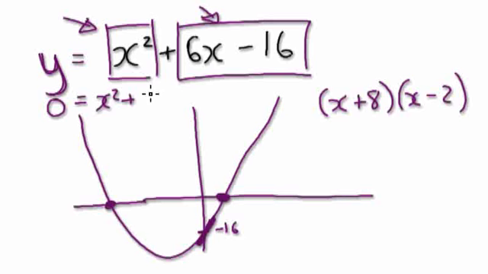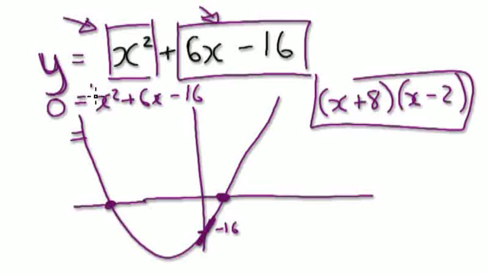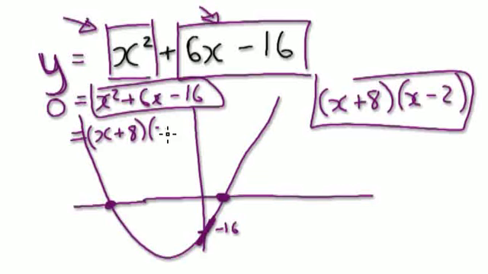So it's x squared plus 6x minus 16. And then you know that this is exactly the same as this, so you can say that this equals x plus 8 times x minus 2. We are trying to locate this point here.